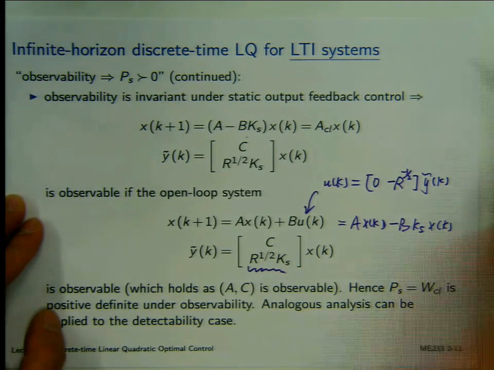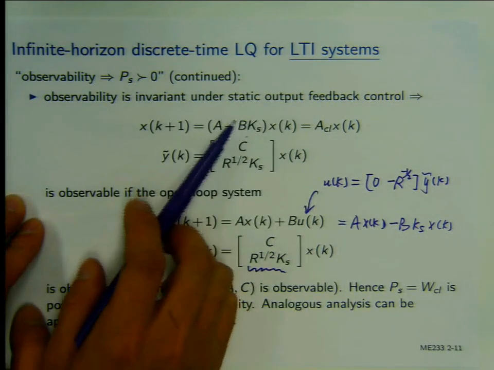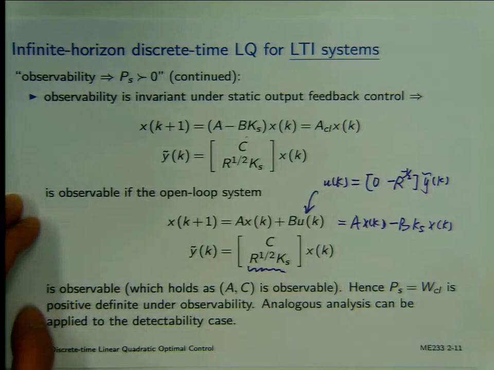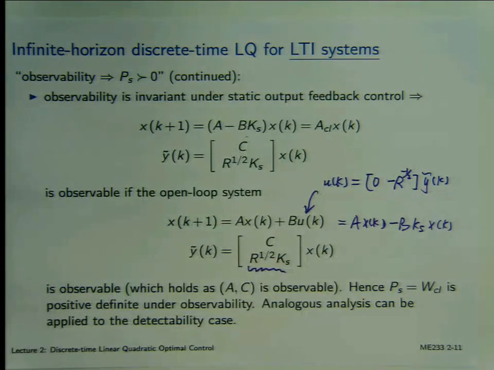So if you recall, observability is invariant under static output feedback law. That's because, again using this analogy, if I can see the states from the output, then no matter how I massage the output into the system, I will still be able to see the states. Okay? So that's this picture here.